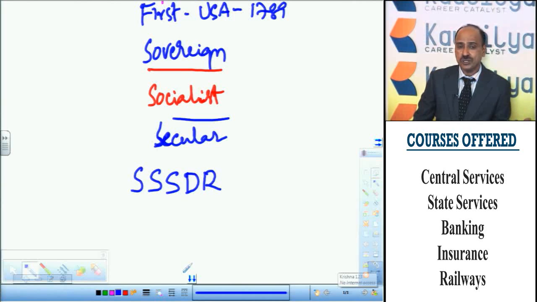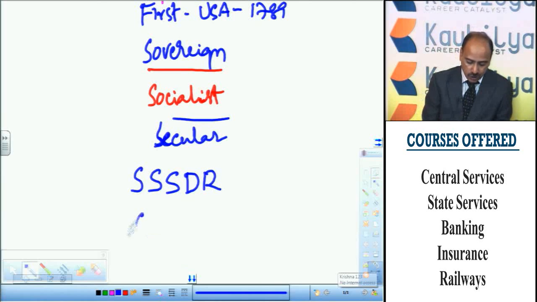How was this constitution developed? Next we go to constitutional developments.